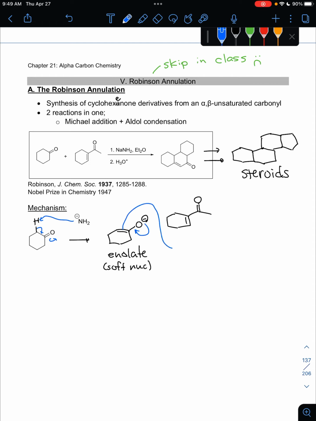So it's this enolate carbon that is attacking with these electrons. So electrons will be pushed up into the carbonyl, so this is the Michael addition.